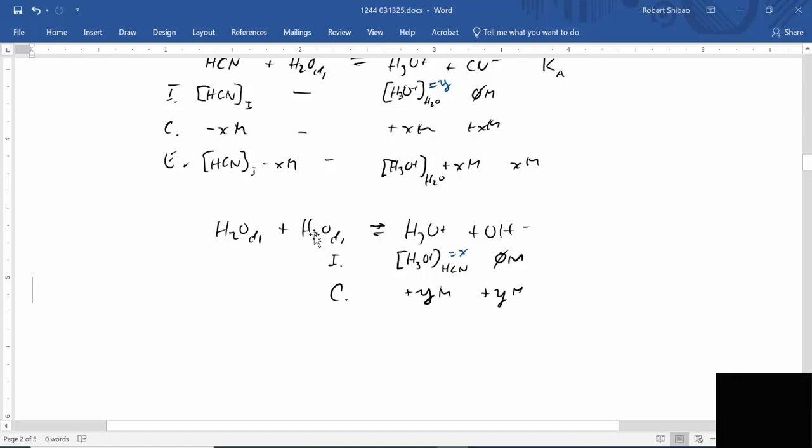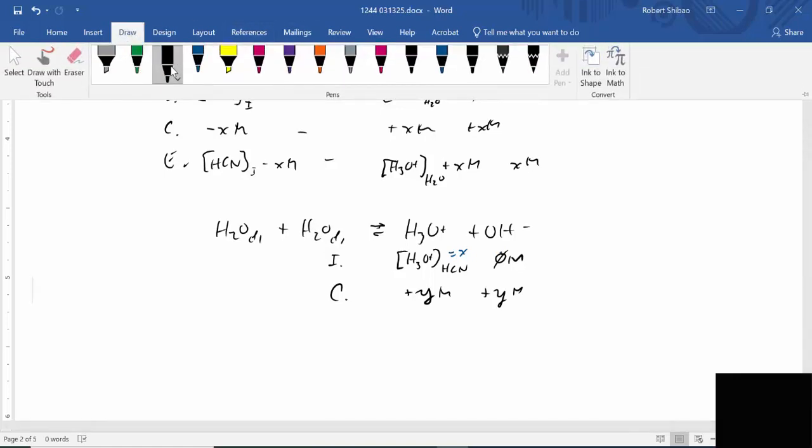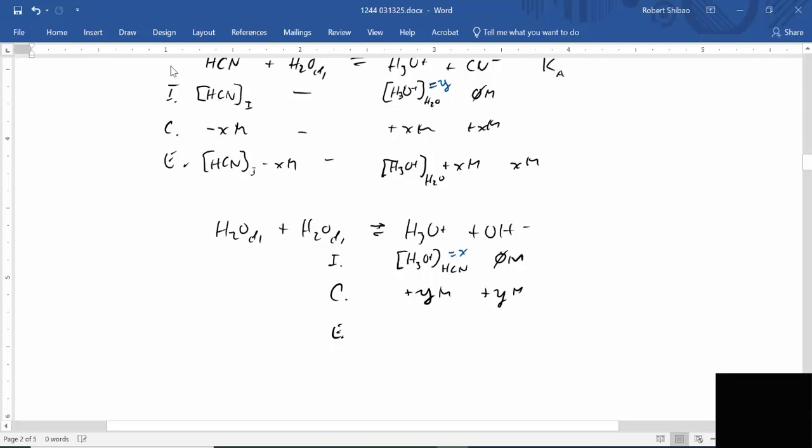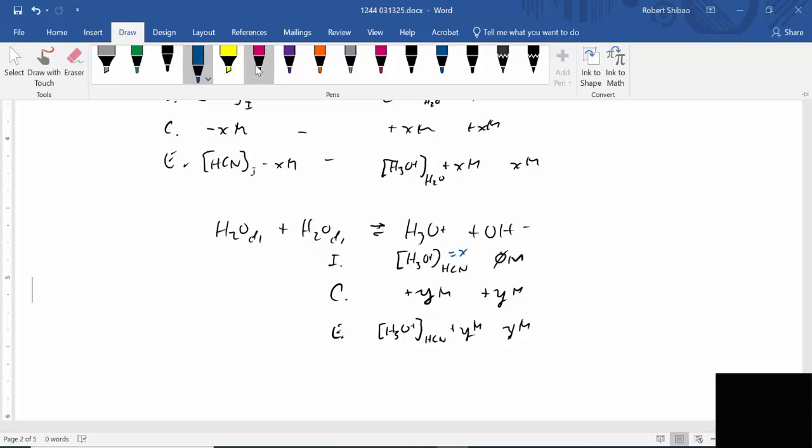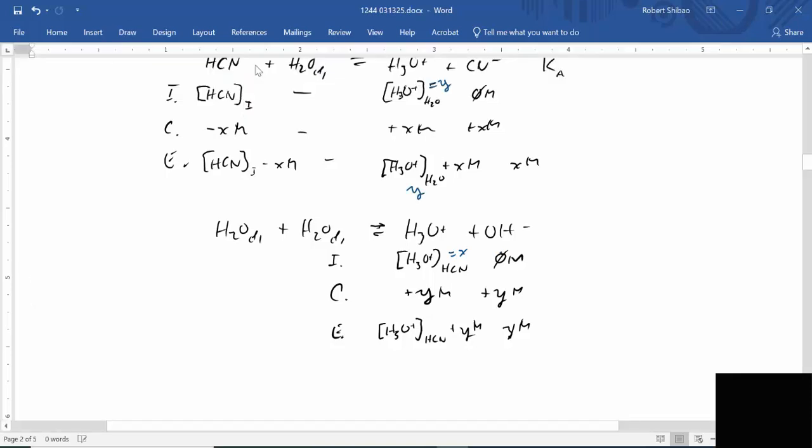And so at equilibrium, this is what I'm going to have. I'm going to have the hydronium that's generated from the HCN plus Y. And this is just going to be Y molar over here. Okay, and then I'm going to make this a little bit easier, because the hydronium generated from water is Y, and the hydronium generated from HCN is X. So at equilibrium, I'm going to have Y plus X here.